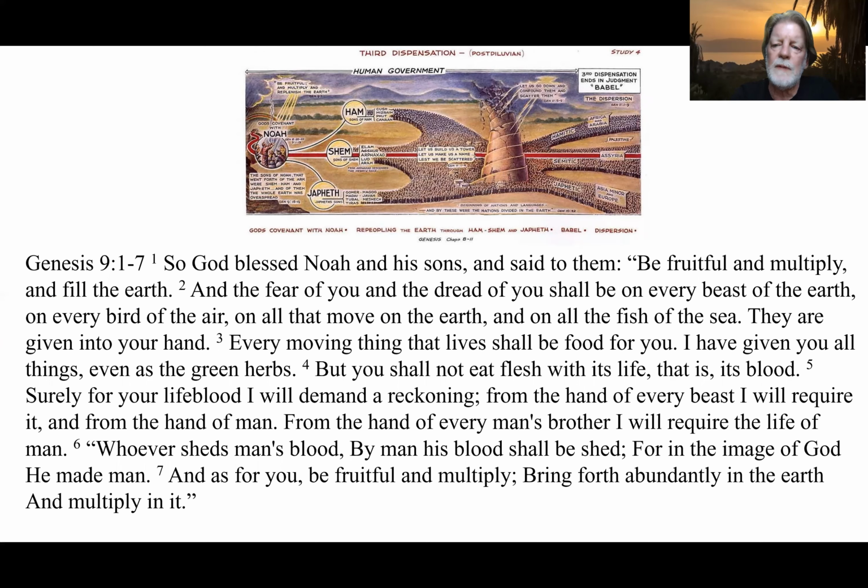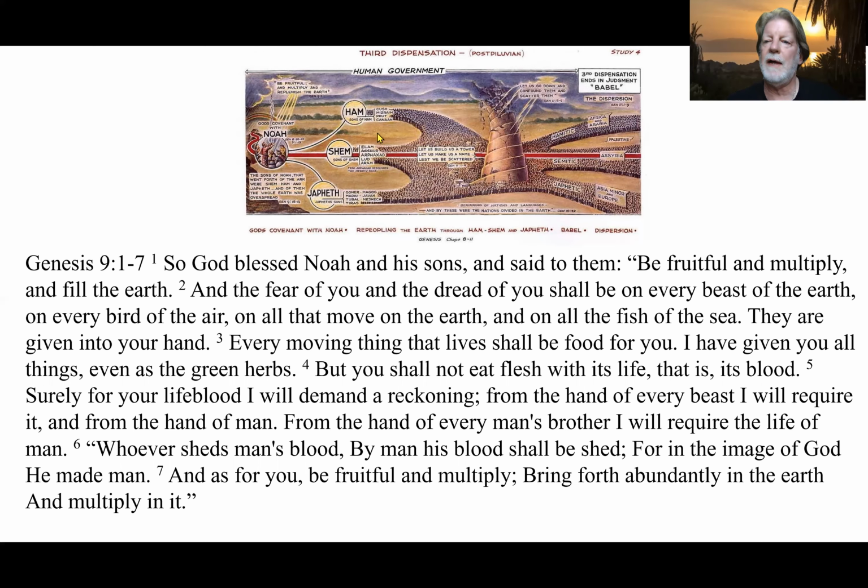And of course, they do that by the principle of reproduction, and also by moving to various locations and populating the various regions of the earth. Since we're talking about human government here, one of the things that I want to mention is that one of the principles that is hinted at or emerges by demonstration in the Bible is that smaller government in local areas is better than larger centralized government.